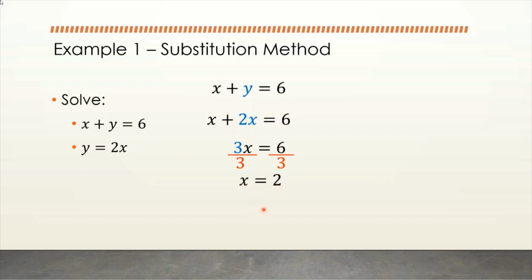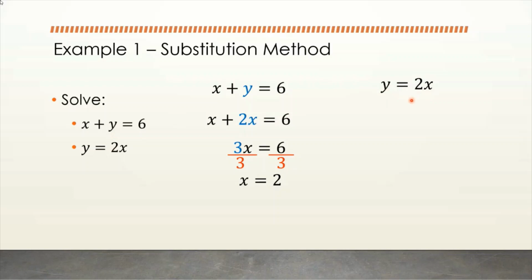Now we found the x. Now you want to find the y. To find the y, you just plug it into one of these equations. Since y equals 2x has the y already by itself, it's easier to plug in 2 there, but it doesn't really matter. You can plug it into either one and still get the same answer.